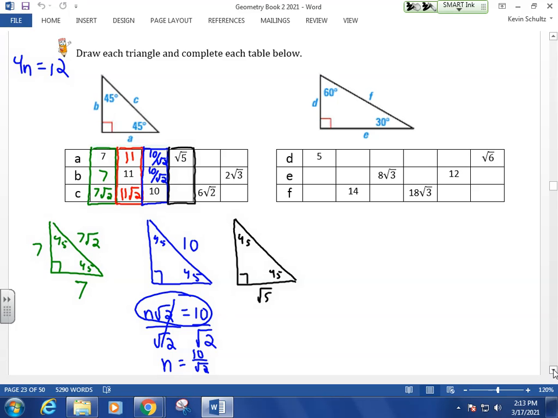Root of 5. And the value for C is whatever n is, in this case root 5, times root 2. So to find C, we're going to have to multiply root 5 by root 2, which we can actually do because they're both under a root.